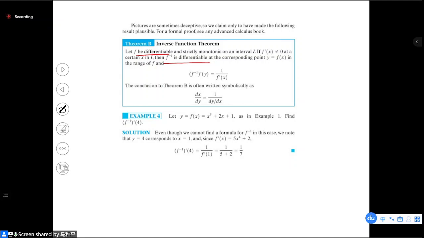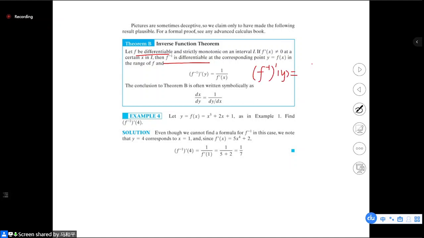And then we have f inverse prime y is equal to 1 over f prime x. Here we just replace from the last example: we have f inverse prime d is equal to 1 over f prime c. We just replace d with a general number y and replace c with a general number x. So we have this one.